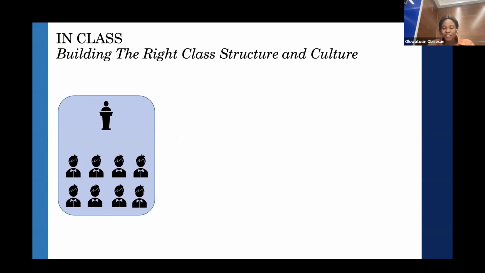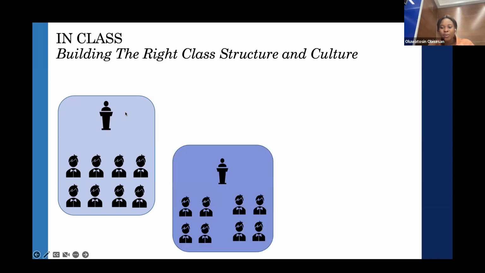This looks very traditional, but the disadvantage is that you can best believe that the students at the back of the class are probably not engaged, not paying attention, or doing things that you don't even know. Now, how do you help to improve the class structure or the class experience for all the students, including every student in the class?